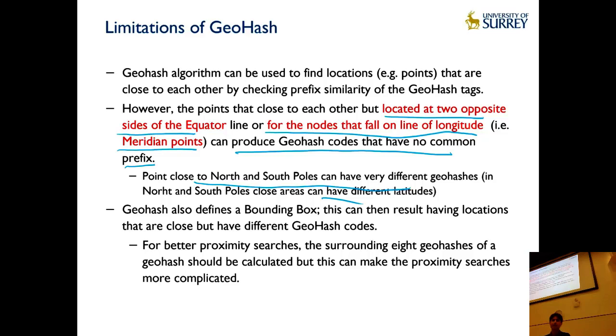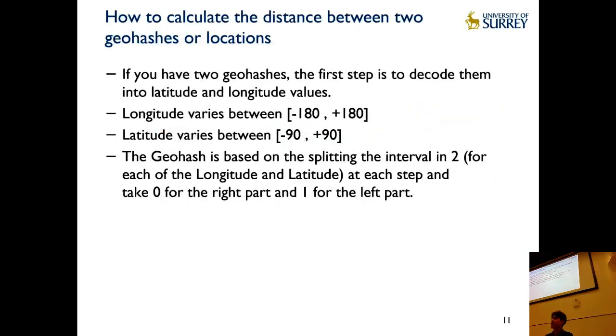A few times I've been asked what the limitations of geohash are. I will provide this information if I ask in the exam, but it's good to know longitude varies between minus 180 and 180, and latitude between minus 90 and plus 90. Sometimes in geographical descriptions they will use 0 to 90 on each side, but say east, west, north, south, like 90 south, 90 north.